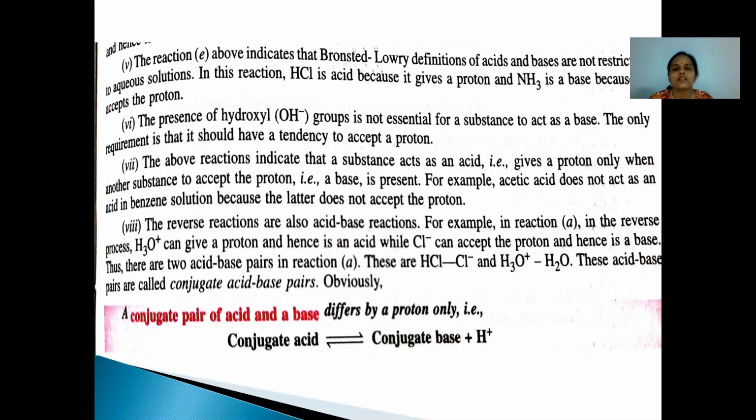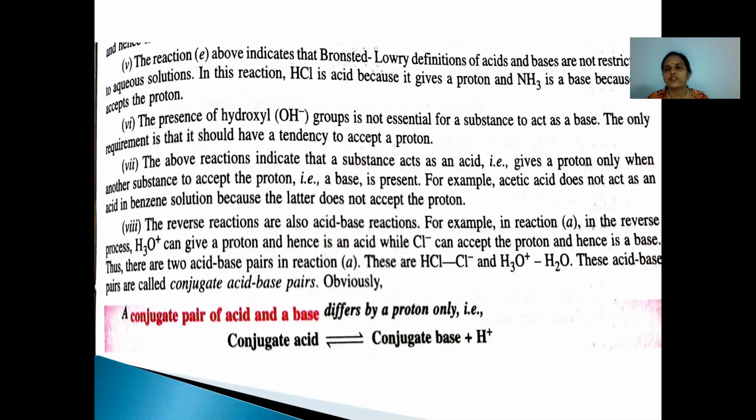The above reactions indicate that a substance acts as an acid, that is, it gives a proton, only when another substance to accept the proton, that is, a base, is present. For example, acetic acid does not act as an acid in benzene solution because the latter does not accept the proton. The reverse reactions are also acid-base reactions.